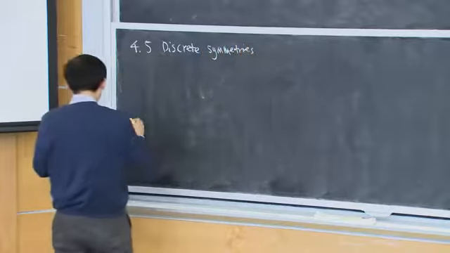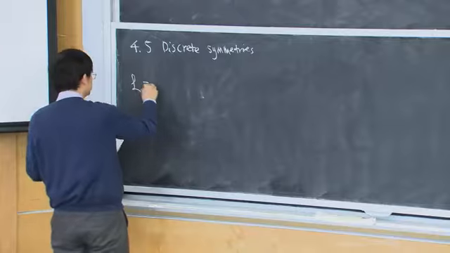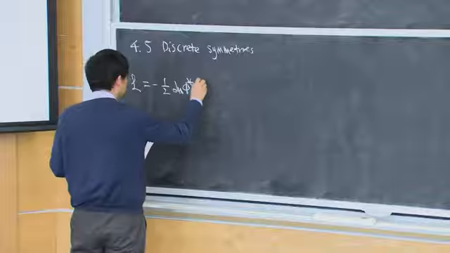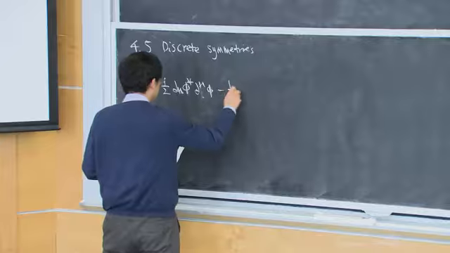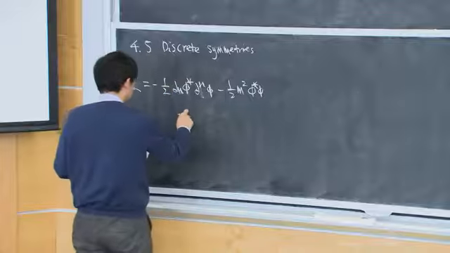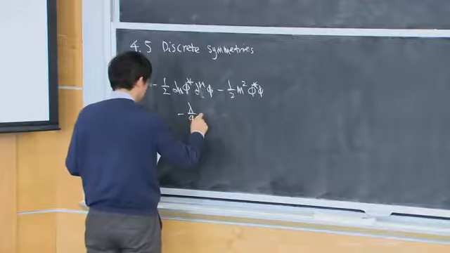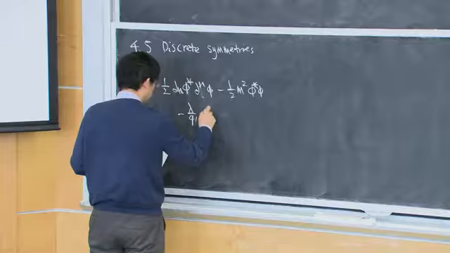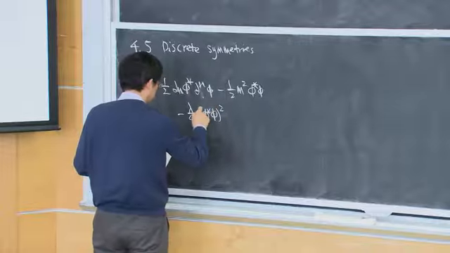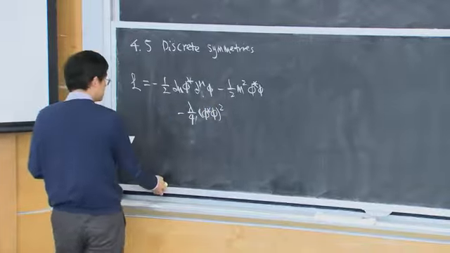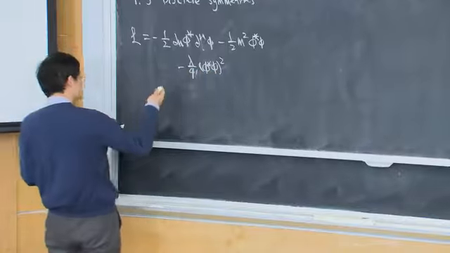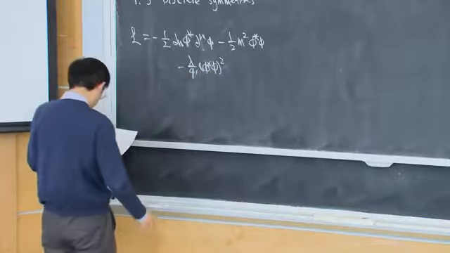If you have a complex scalar theory, then in addition to a U(1) symmetry, there are also, classically, discrete symmetries.